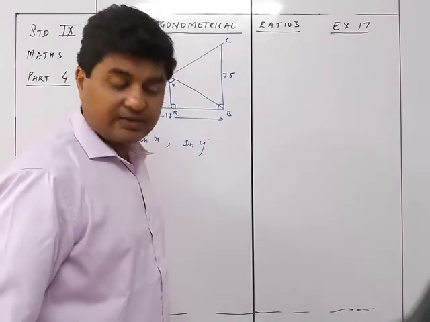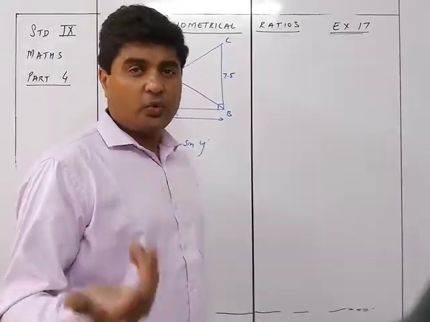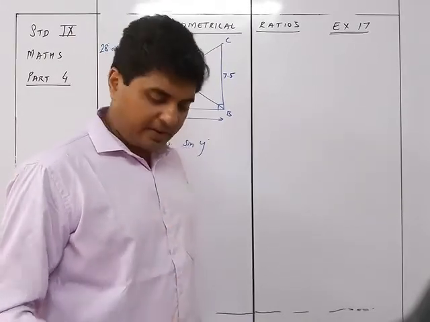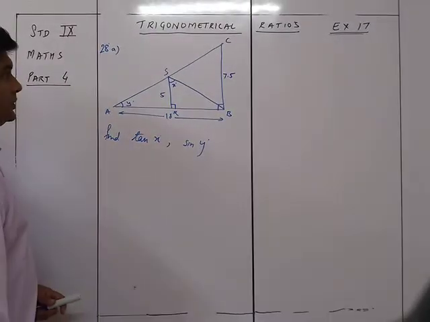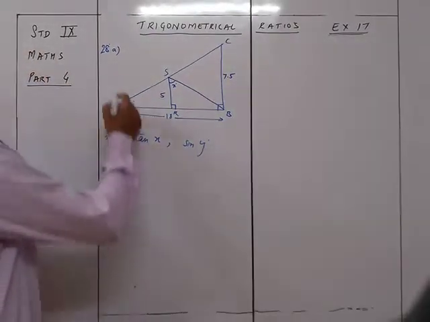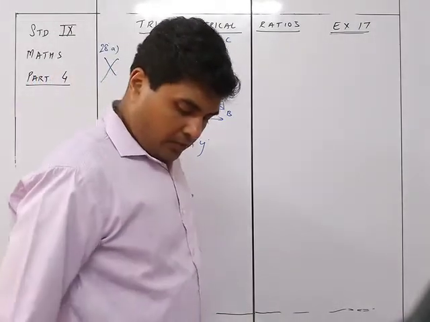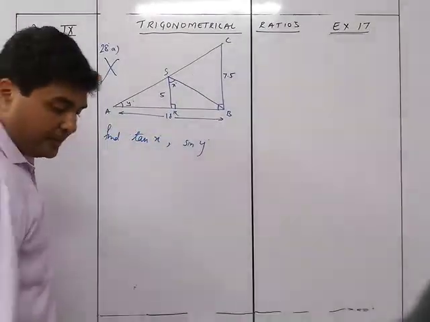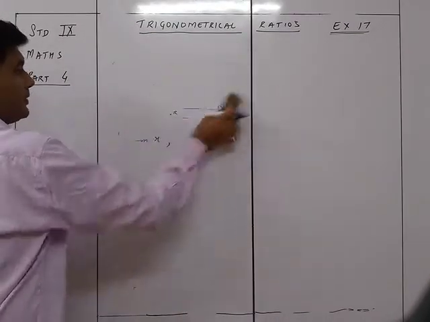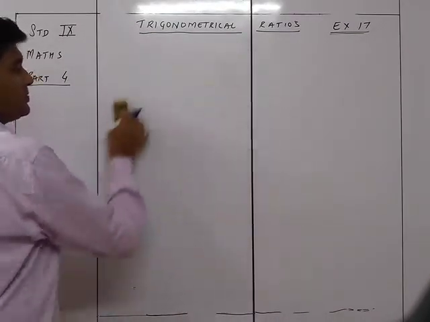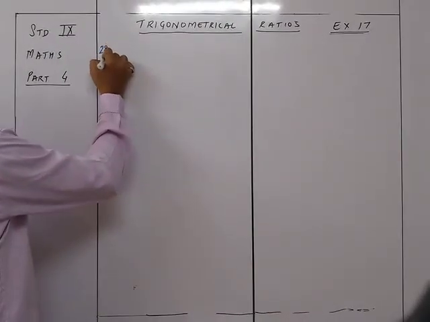You don't know what similar triangles are and how to prove similarity, so I'll better skip this question. Just cancel this question. We go for sum number 28B in that case. Okay. Sum number 28B.